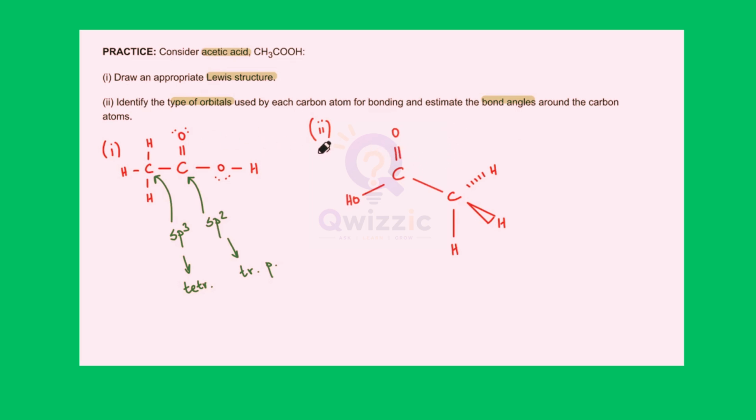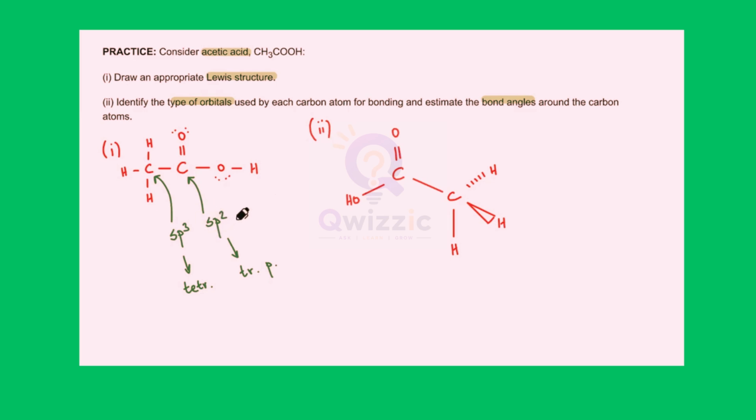For number 2, we can use a simple structure which does not necessarily need lone pairs or all of the bonds expanded. Here we are simply interested in the types of orbitals. So let's begin with the carbon atom coming from carbonyl. Every single bond is going to have the same hybridization as the carbon atom itself.